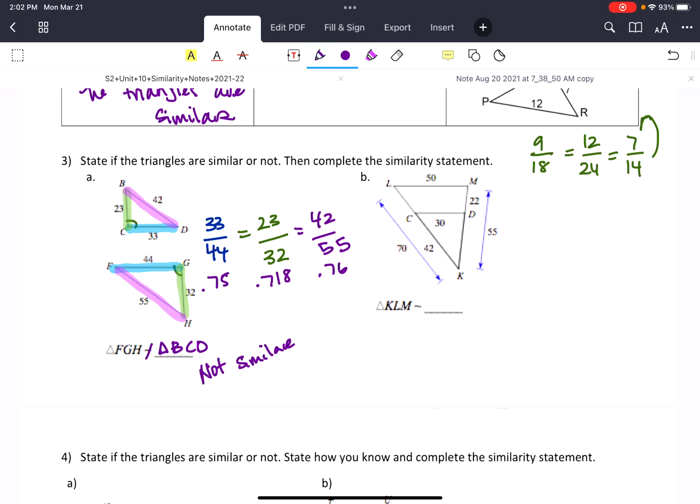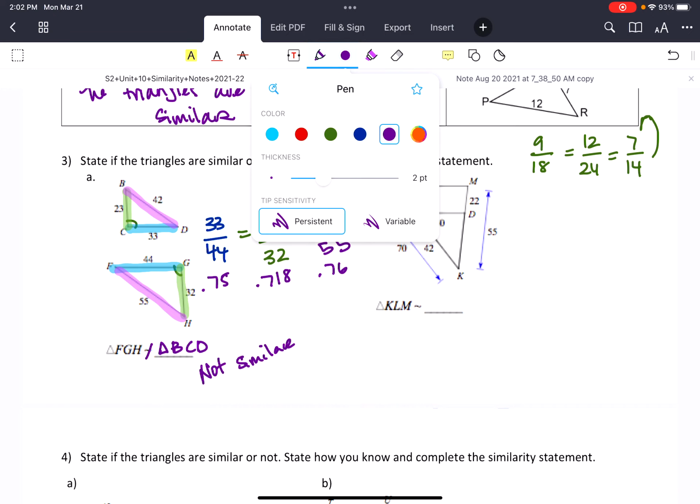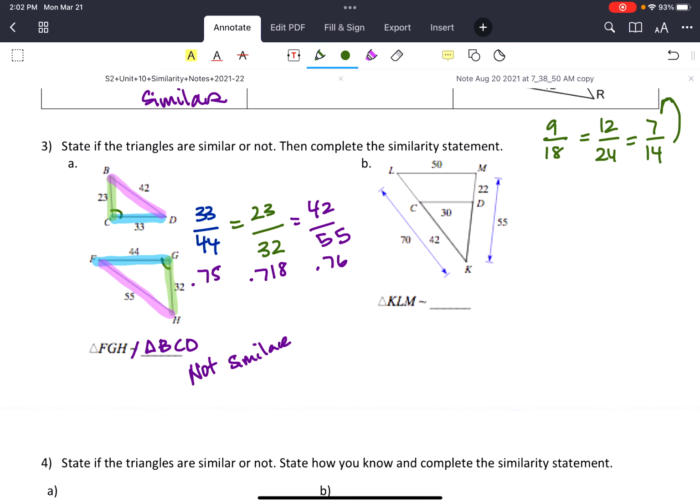Okay, so then on the next one, I know that this part is 22 and the whole thing is 55. So on my little triangle, if I subtract, I'm going to get 33 there. So I can do this, the little one, 33 divided by 55 is equal to the little one, 42 divided by the big one, 70.